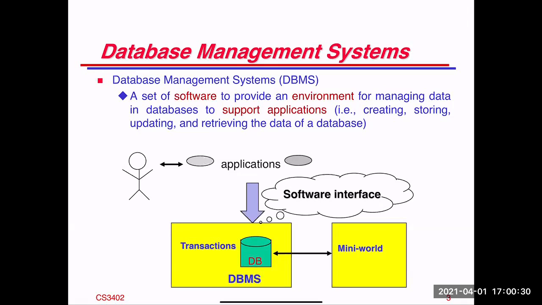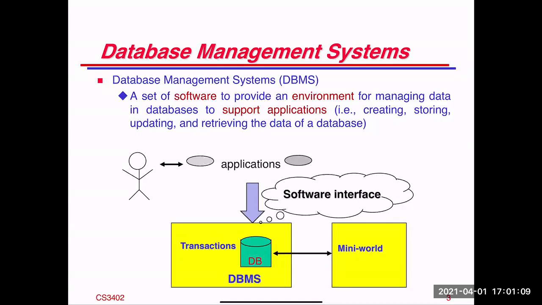Okay, so you might remember from some of the previous lectures that we're usually dealing with a database management system, DBMS, which is a set of software that provides an environment for managing data in databases to support various applications. Okay, so instead of directly interacting with the database, the user will usually access some application, and that application will use a software interface to communicate with the DBMS by performing transactions.